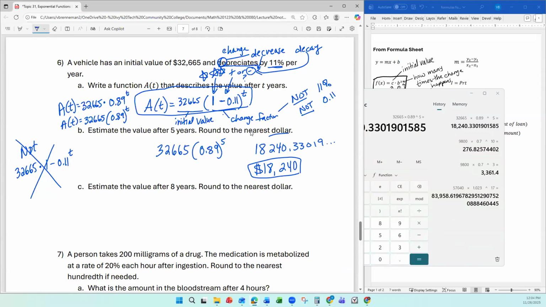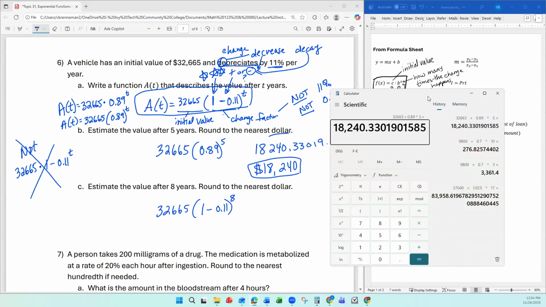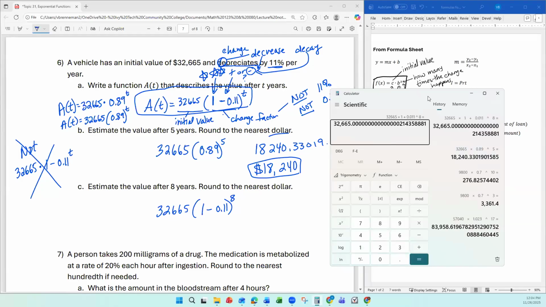For 8 years, same thing, just put an 8 instead of 5. Now, if I use the 1 minus 0.11, again, I have to have parentheses there, including in the calculator. If I just do 32,665 times 1 minus 0.11 to the 8th power, it's going to give something that doesn't make sense. It's basically coming back with the same thing it started with. That's no use.